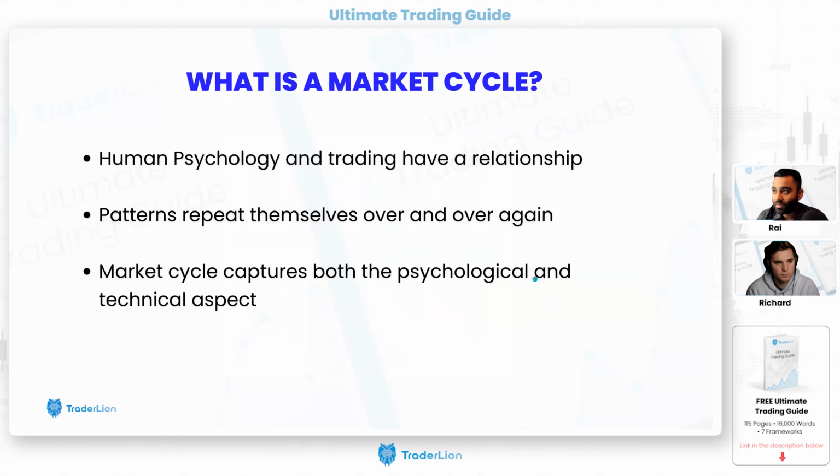So essentially what a market cycle is, it's human psychology and trading, a relationship between those two components. If patterns repeat themselves, and a market that traders traded in 2010, 15, 1999, 2000, they are always relating that type of situation back to the current state.